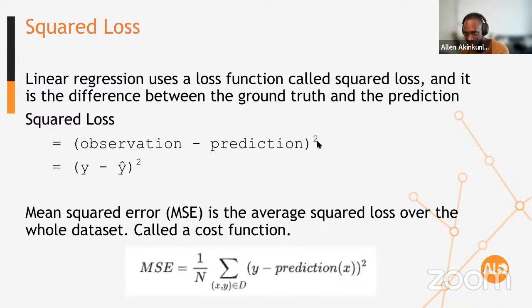If you square that, it is a very huge number. It balloons because that's an outlier, and it affects the total value of your squared loss.